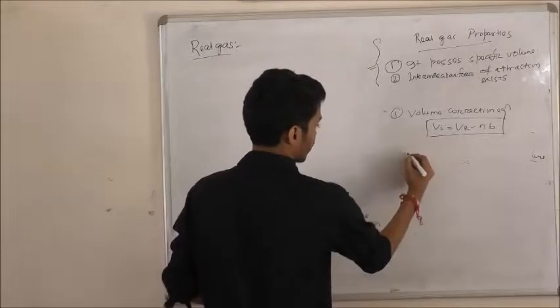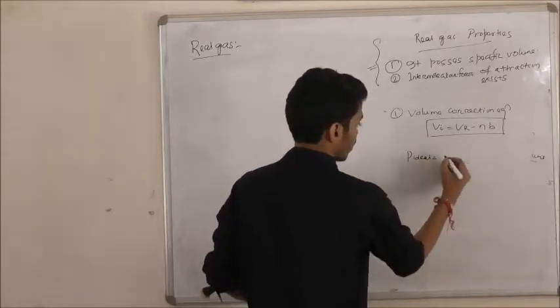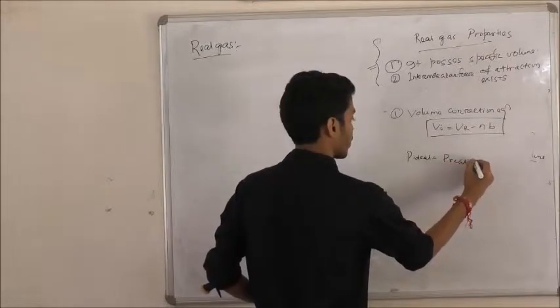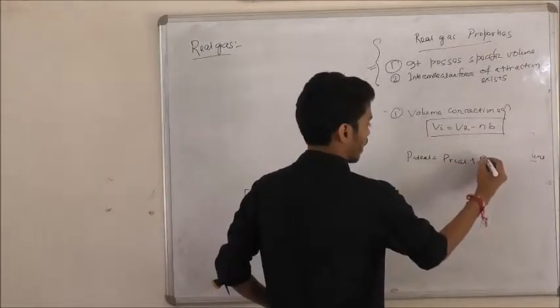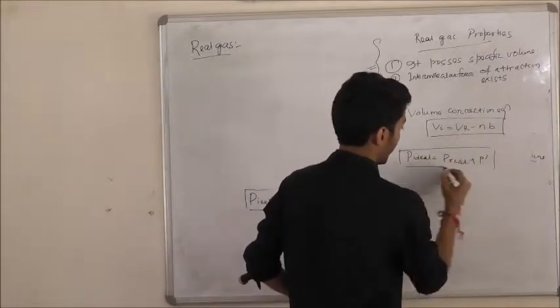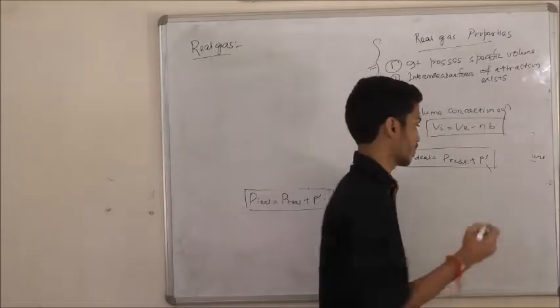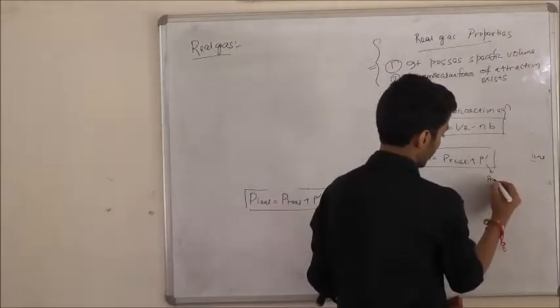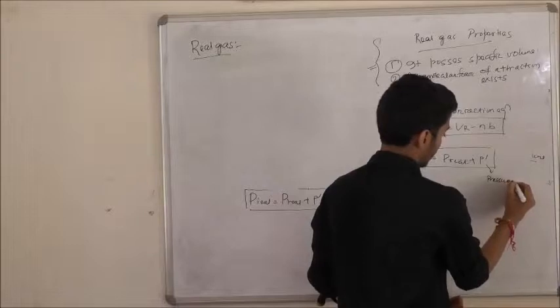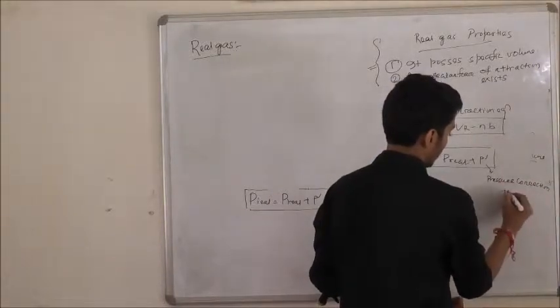So P ideal is equal to P real plus P dash, where P dash is the pressure correction term.